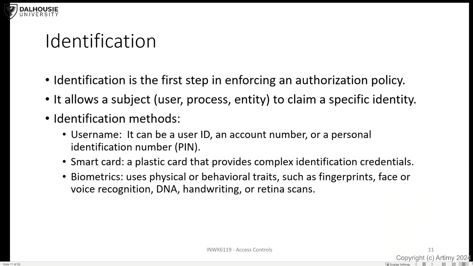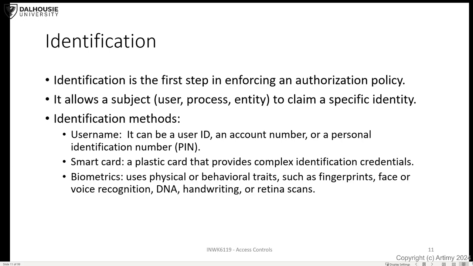The second part is the identification. So how do we identify the user, whether it's an actual person or a process or any other entity? For people, usually we identify them using a username. When you log into your bank account, you need a username, or in some cases, you need your bank card number.